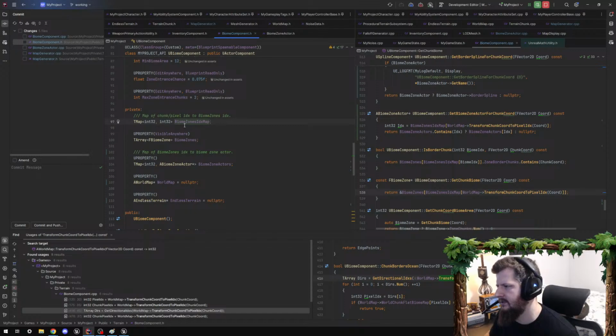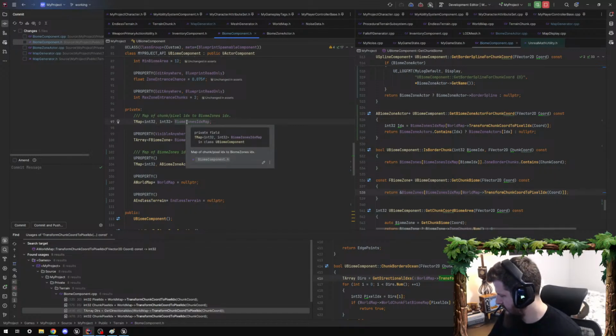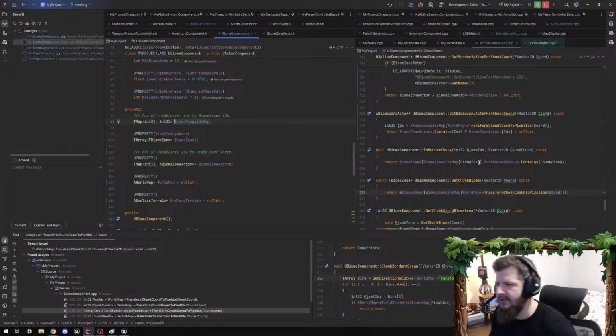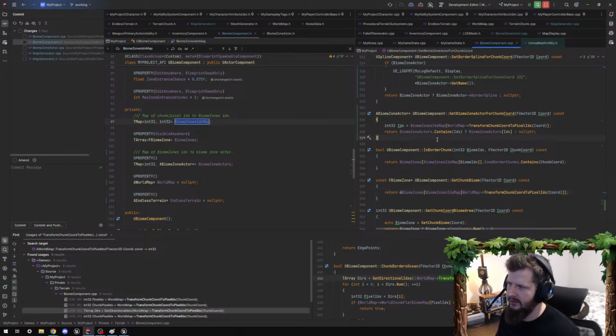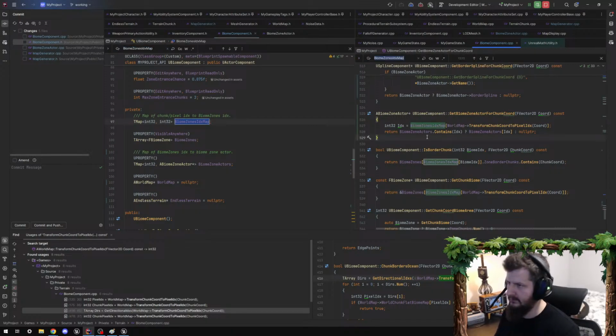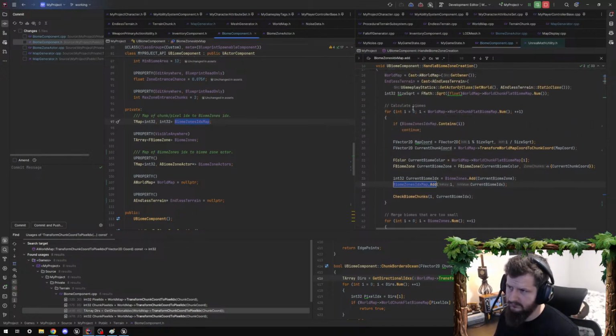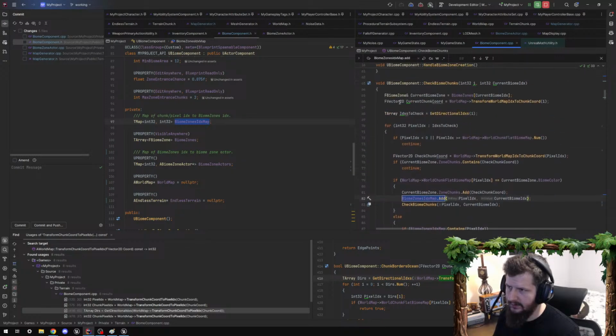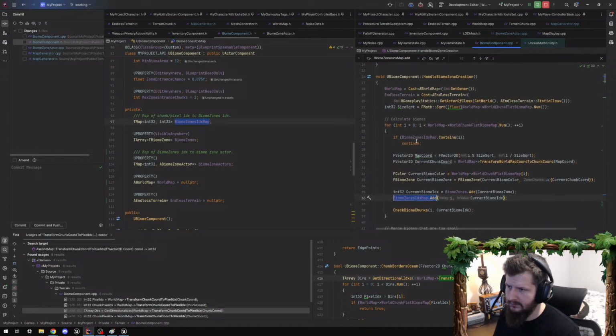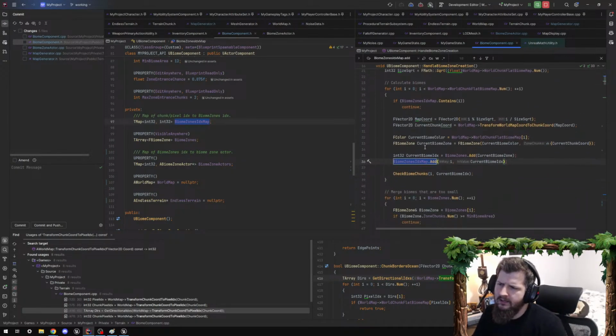And like this, if I'm not mistaken, I don't add the deferred, or not deferred, consumed biomes in here. So we add there, and so we're adding there.